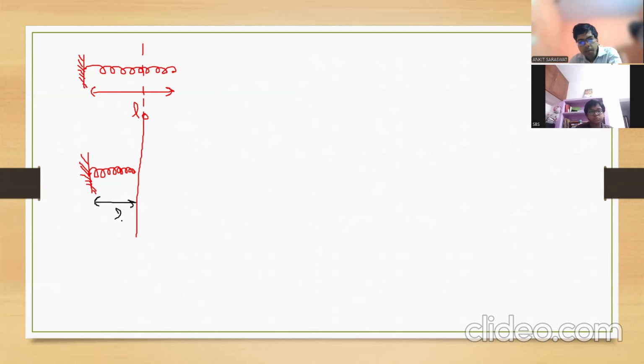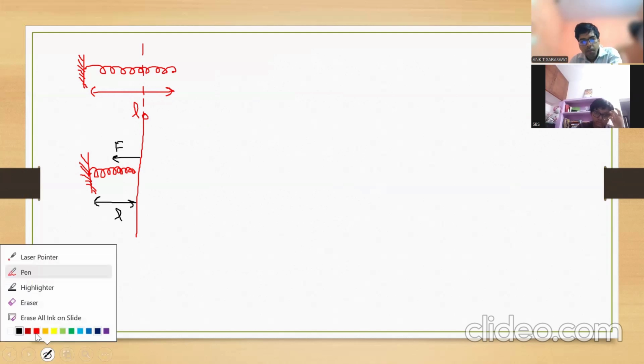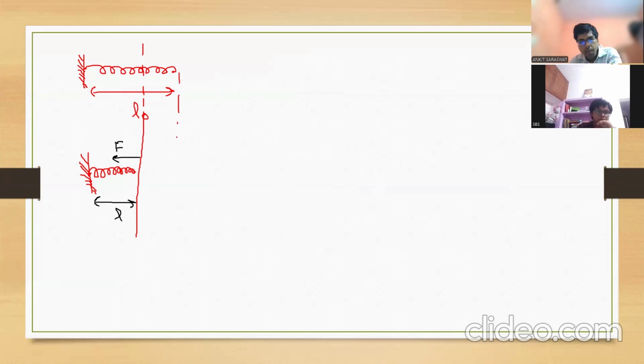It happened because we are applying a force F. The spring force is in that direction, right direction, very good. So x is the displacement from where I have displaced it.